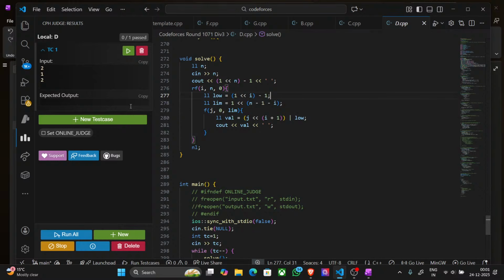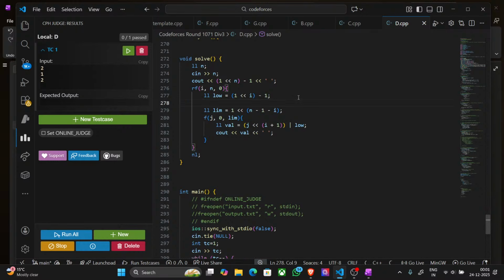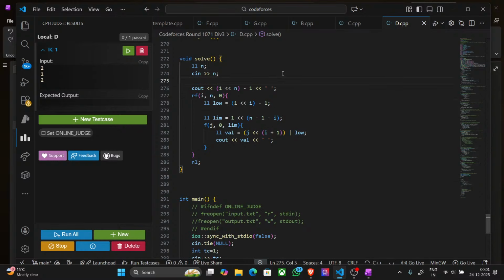Then I have taken the low as 2 raised to power i minus 1. What is the limit for this particular value of i? You have how many ones present at the particular position. For example, let's take an example where n is equal to 3.